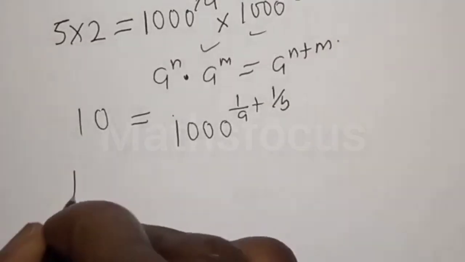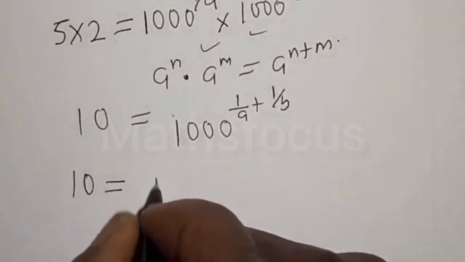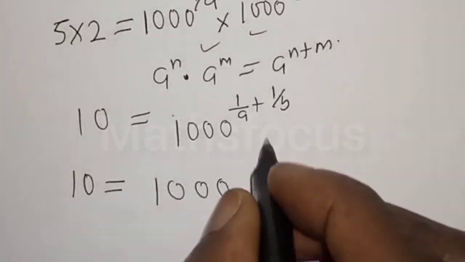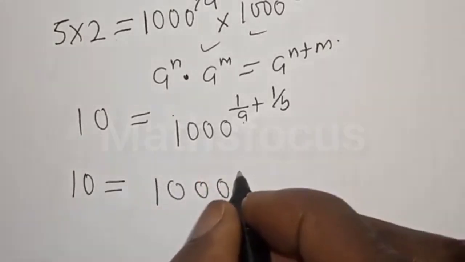Then we have 10 is equal to 1000 raised to power 1 over a plus 1 over b. Let's find the LCM. LCM is AB.